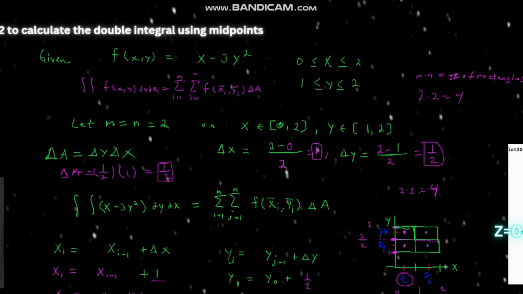If they gave you that n is equal to 2 and m is equal to 2, what I like to do is multiply that to know how many rectangles I get, and make a little domain rectangular plot. I'll put 1 to 2 for y here and slice that in half to make 2 rectangles. That's a nice little trick, by the way. Then you go from 0 to 2 in x and cut that in half, and you're down to your 4 rectangles. Just make sure it's symmetric.